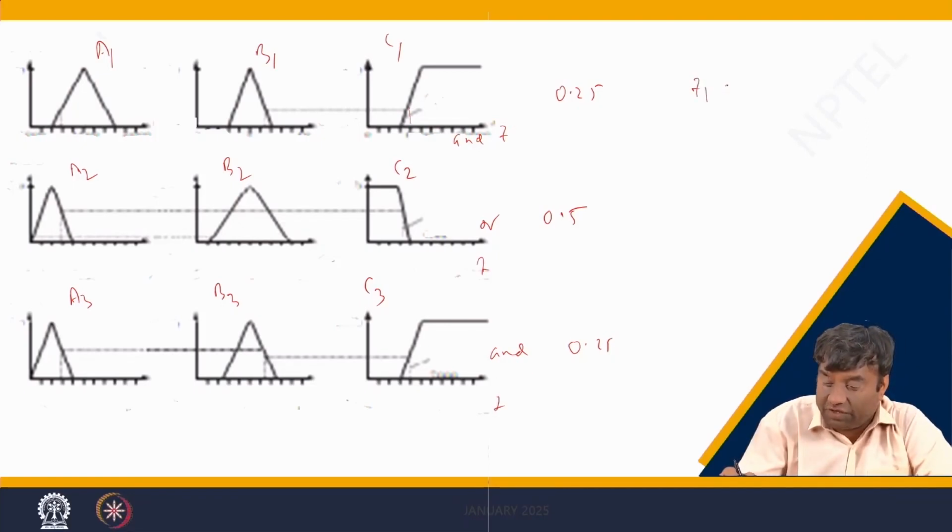So assume the value of Z1 here is something like 5. Suppose Z2 is something like 3, and Z3 is something like 6.